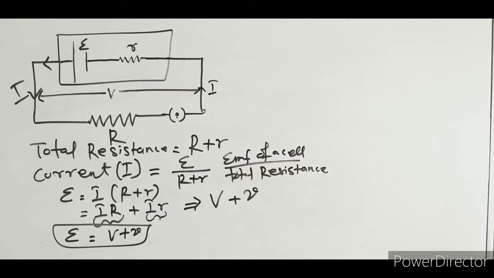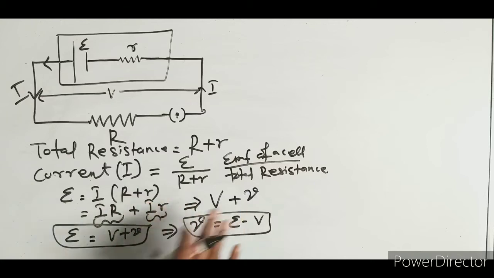So what can we write here? This voltage drop small v equal to E minus V. Okay, so E minus V. So now let us find out the values of E, R and all these things. This is very interesting, easily we can understand. There is nothing to worry about, nothing to learn by heart also.